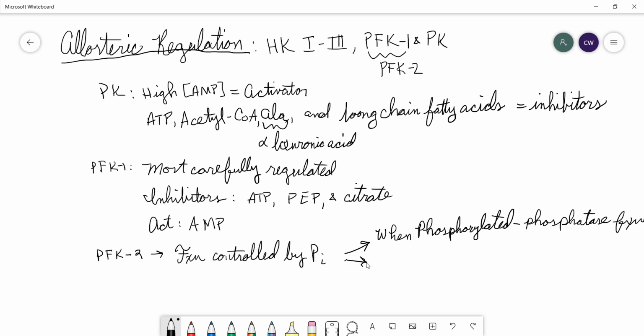When it is not, it functions as a kinase. This function here is controlled by the hormone glucagon.